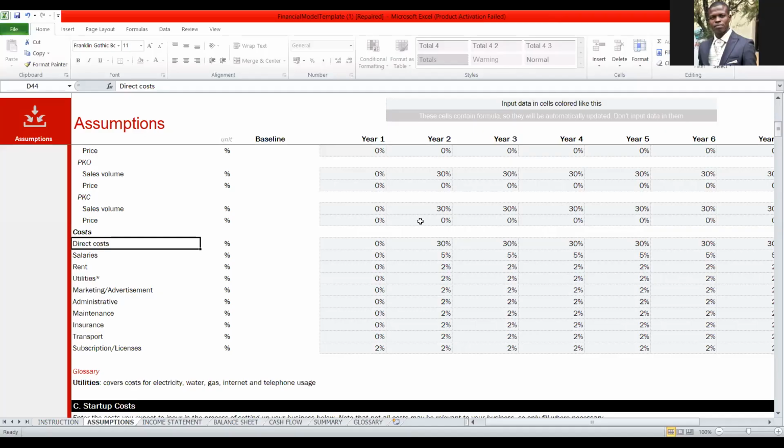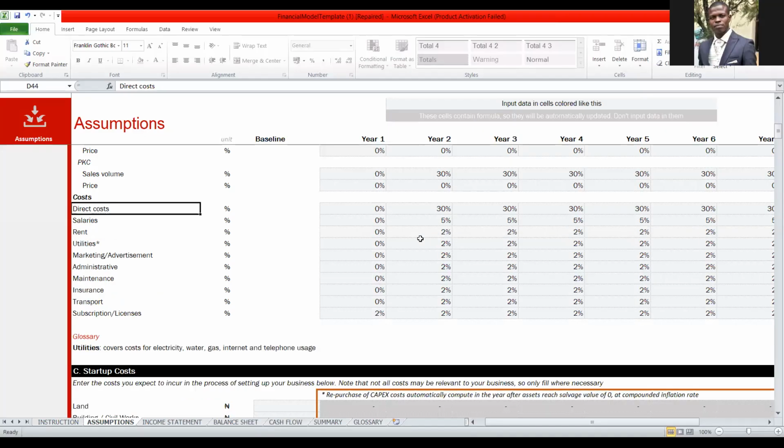So all you need to do is, for your salary, you can decide that your salary will be fixed for the first 3 years or for the first 2 years. So you increase your salary by 5% every 2 years.